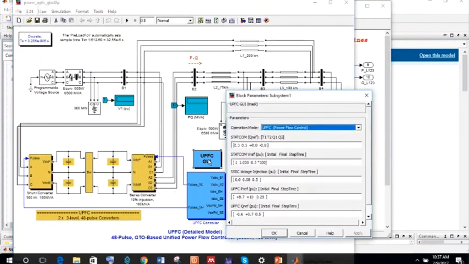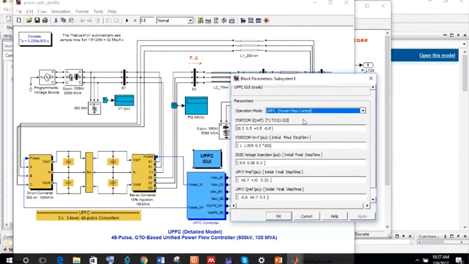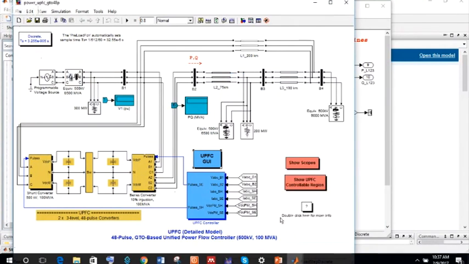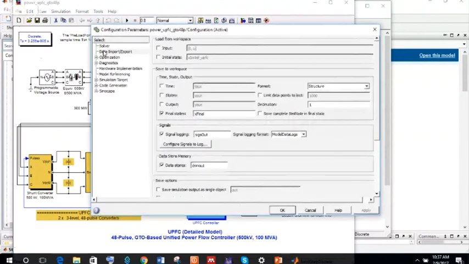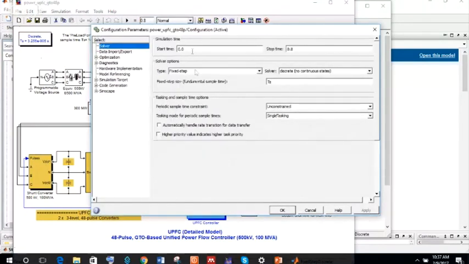Again, we will check whatever controls we have selected, which is yes, UPFC power flow, and the parameters for real and reactive power in per unit values with a proper time step. Then here you can also check the configuration parameters. The solver should be fixed step, discrete.